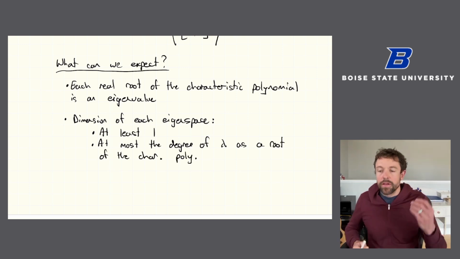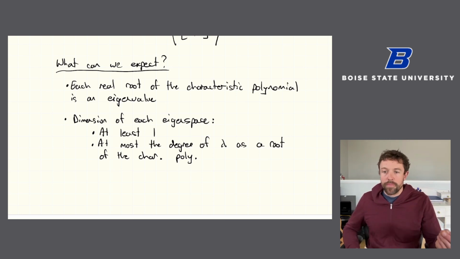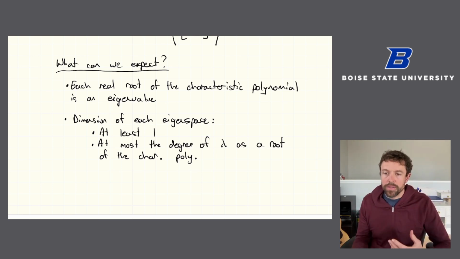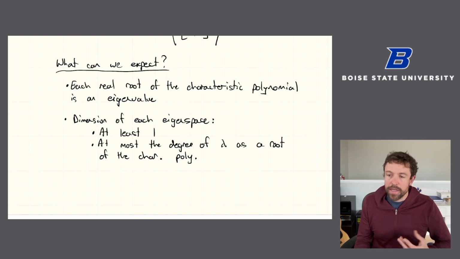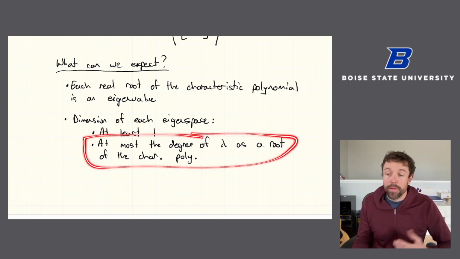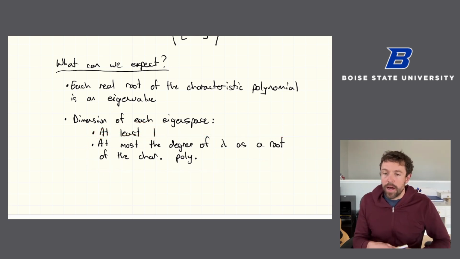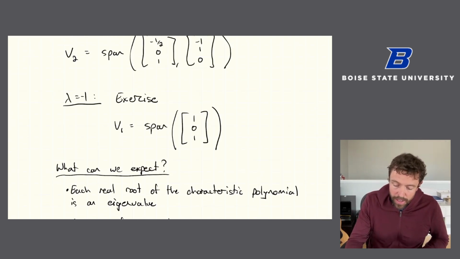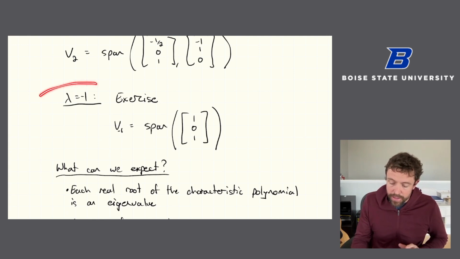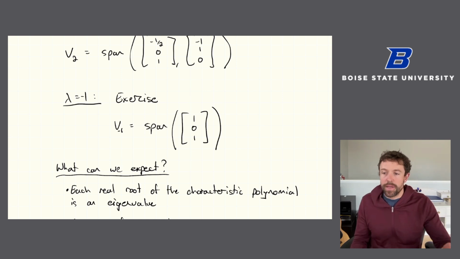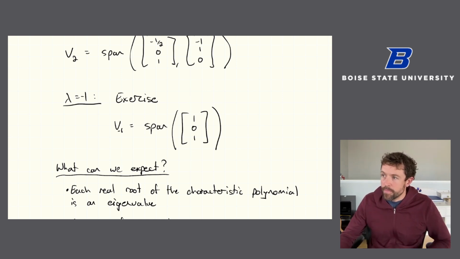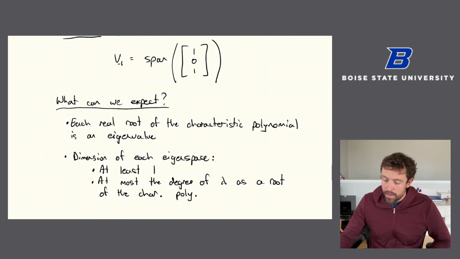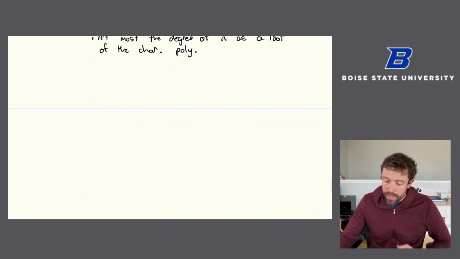So in our example, 2 was a double root. And so going into the problem, I knew that the dimension of the eigenspace was going to be 1 or 2. It couldn't be bigger than 2 because that was the degree of the root. And for the lambda equals minus 1 eigenspace, I knew going in, look, this is a single root, and so it will have dimension 1. And that's what we can expect.